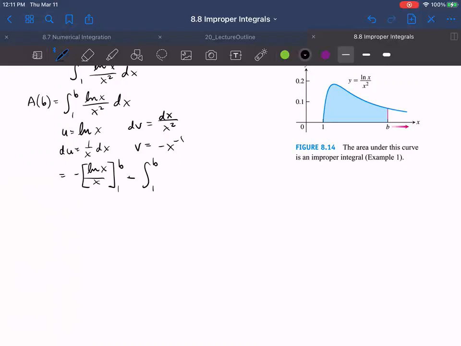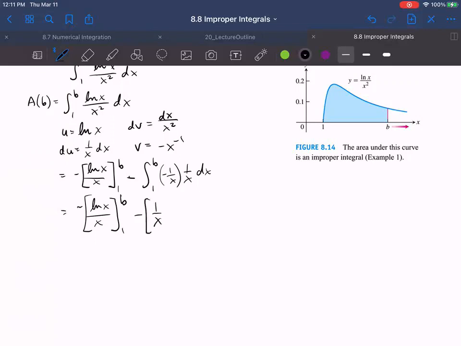So we need negative 1 over x and 1 over x dx, like that. I'm just going to leave this negative natural log of x over x from 1 to b. And then this integral becomes positive 1 over x squared, and 1 over x squared integrates to negative 1 over x. So minus 1 over x.